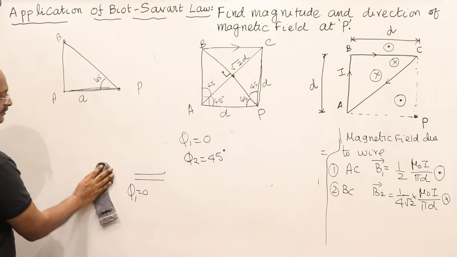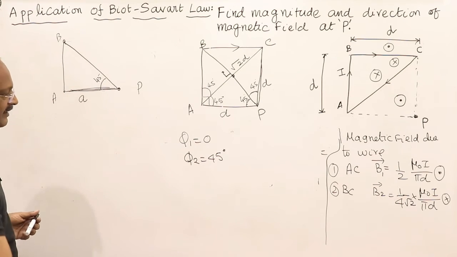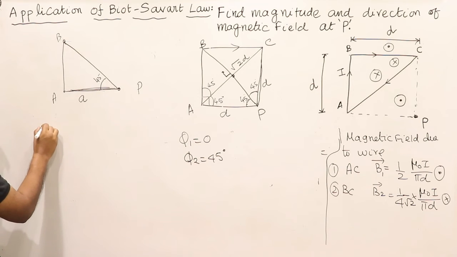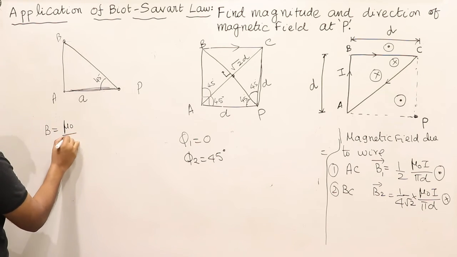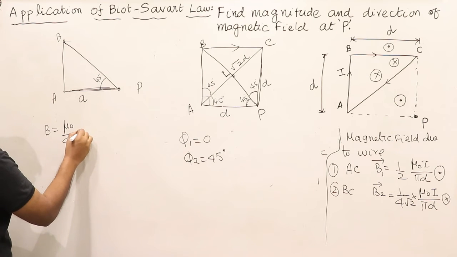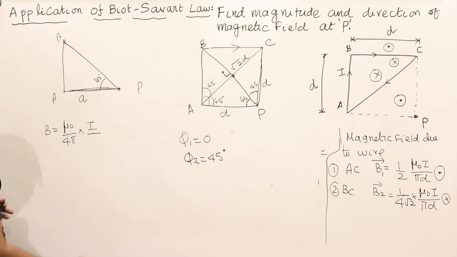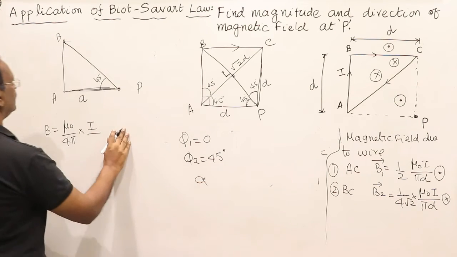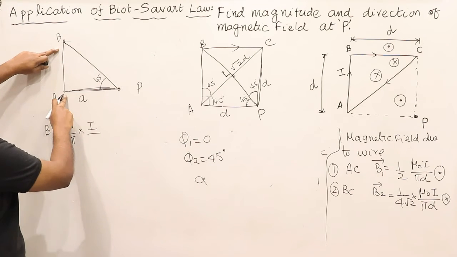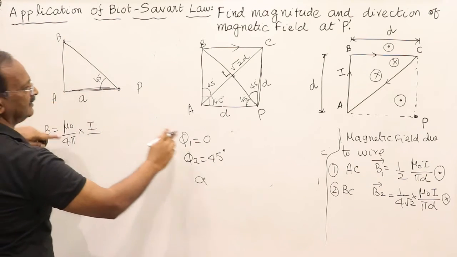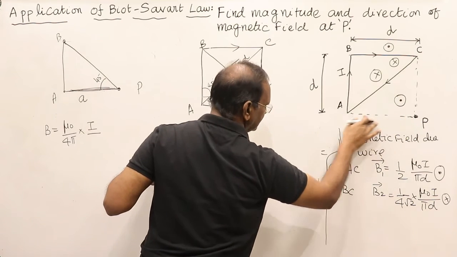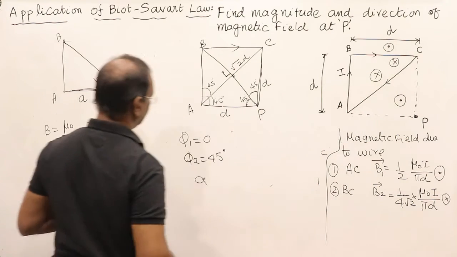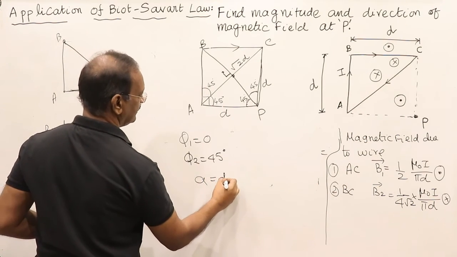Okay, now we have to find out the magnitude. So B, according to Biot-Savart law, is equal to mu naught by 4 pi into I divided by A. What is A here? The perpendicular distance with respect to this conductor, this is the perpendicular distance, which is equal to D. So it means A is equal to D here.